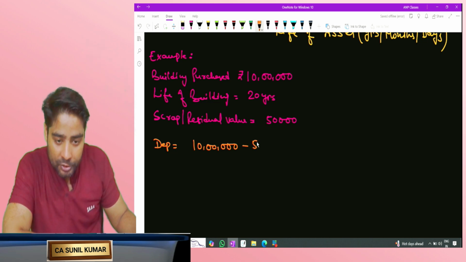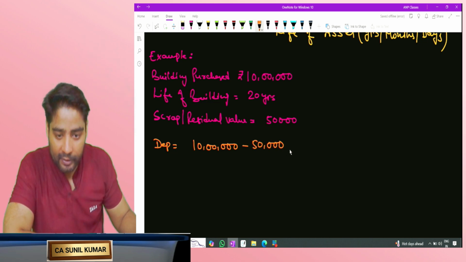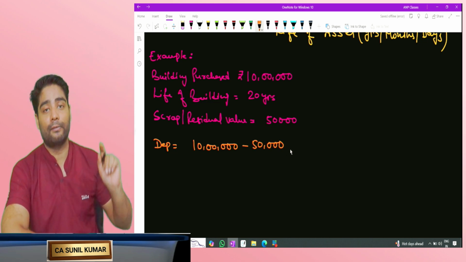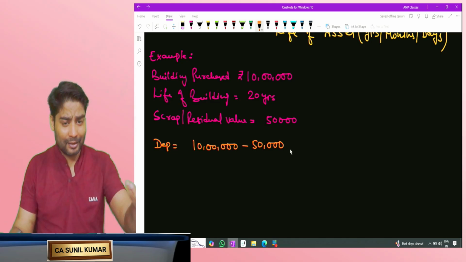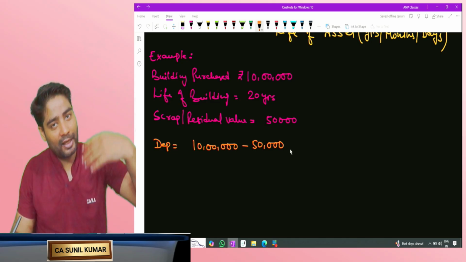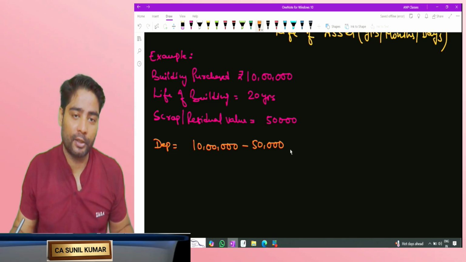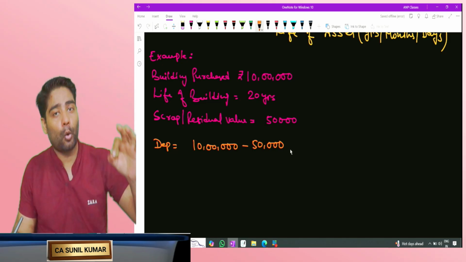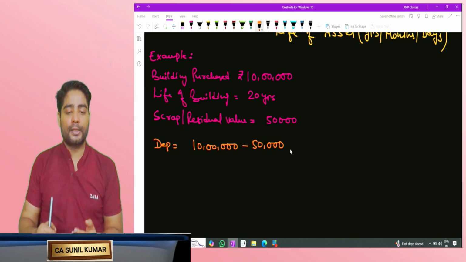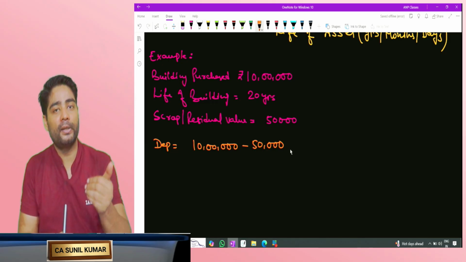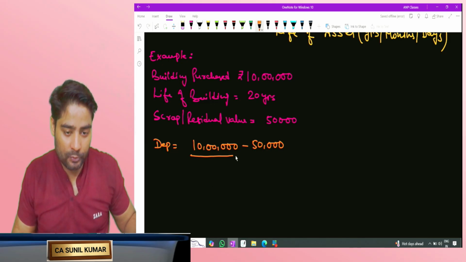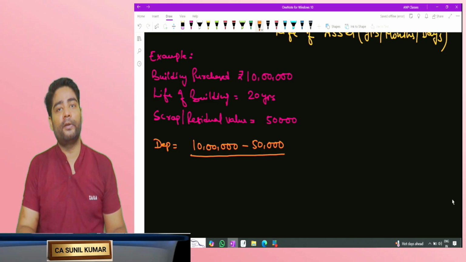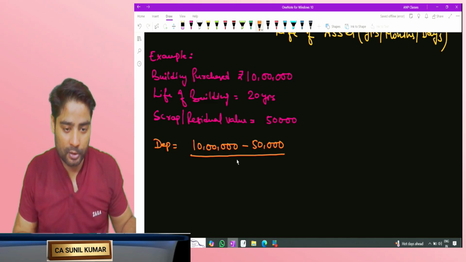But how much amount will I recover at the end of 20th year, when we demolish the building? The bricks, the scrap that we generated can be sold for rupees 50,000. So what will be my total net outflow? Sir, my total net outflow will be 9 lakh 50,000. So 10 lakh minus 50,000, and my total outflow will be 9 lakh 50,000.